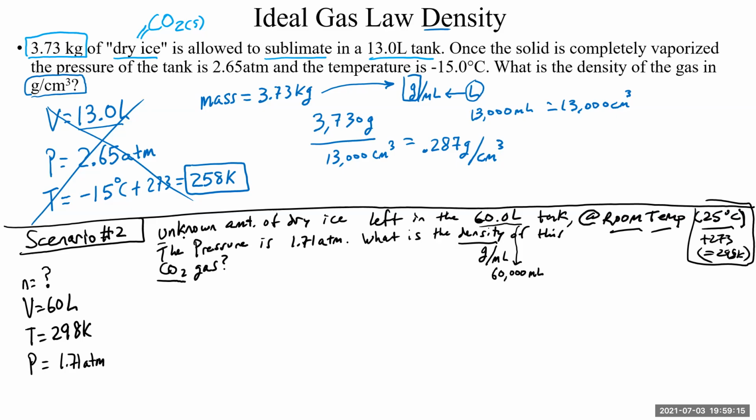This time we have an unknown mass of dry ice. We don't know how much we're starting with. So how do we get our grams? Well, we can get grams from moles, can't we? We always know how to go from moles to grams as long as we have what? What is it that gets us from moles to grams? Moles of CO2 to grams of CO2 is going to be mediated by the molar mass of CO2.